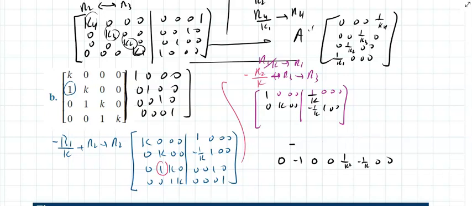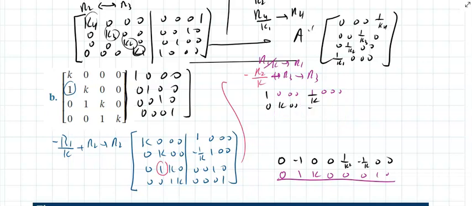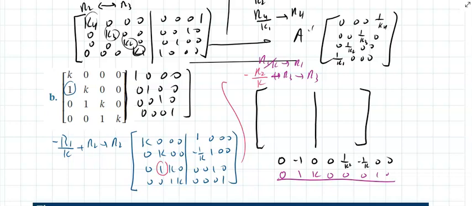And if I add to that 0, 1, k, 0, 0, 0, 1, 0, I'll get 0, 0, k, 0. So if I divided that, that's 1, 0, 0, 0, 1 over k, 0, 0, 0.